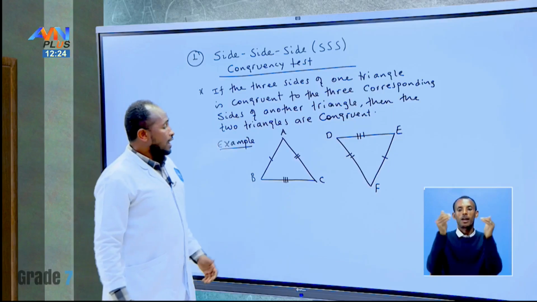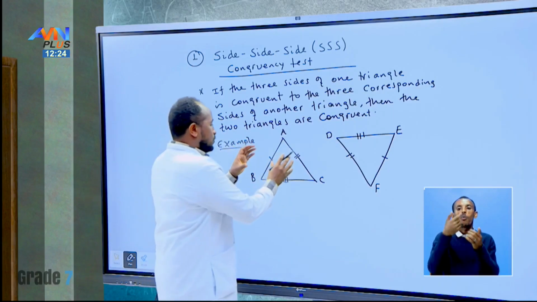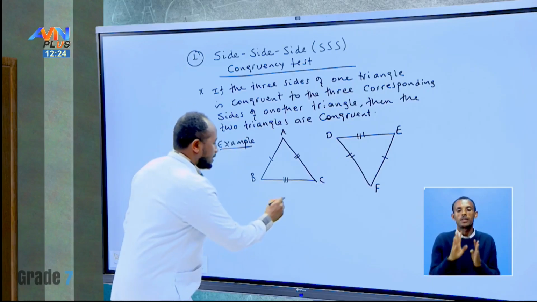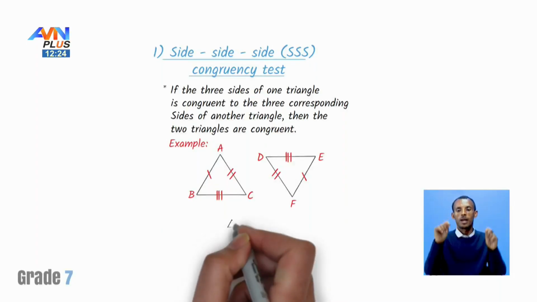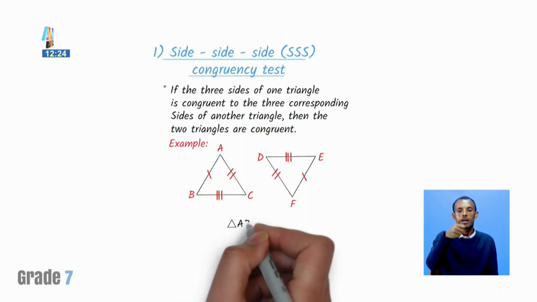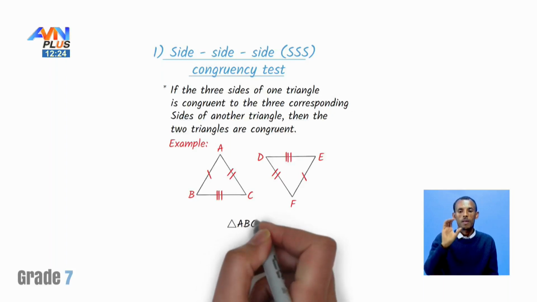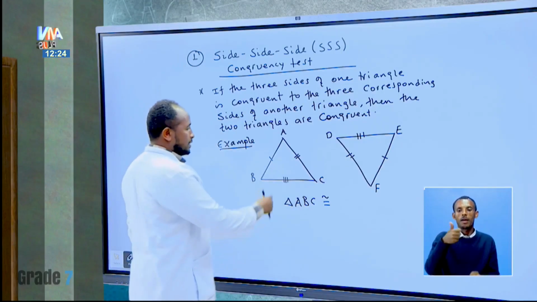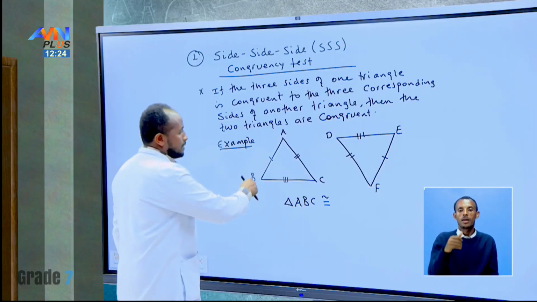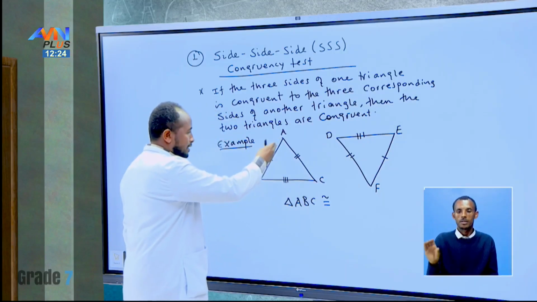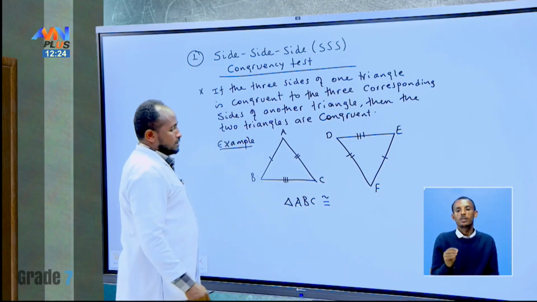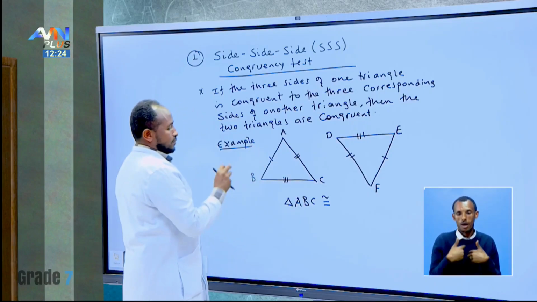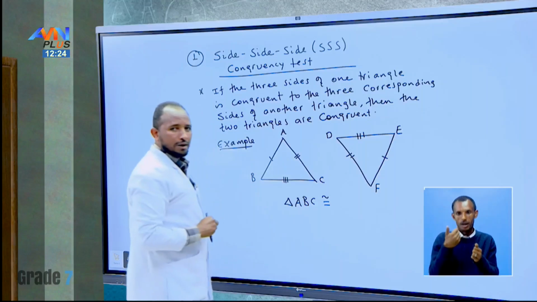So now in what order can we fit this triangle on this one? Let's write that. Triangle ABC is congruent to triangle... Look, this one, A, B, and then C. From one mark, then you proceed to this part. So you have to write the order in the same manner for this one.